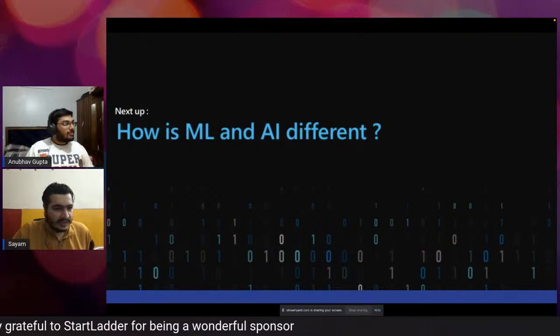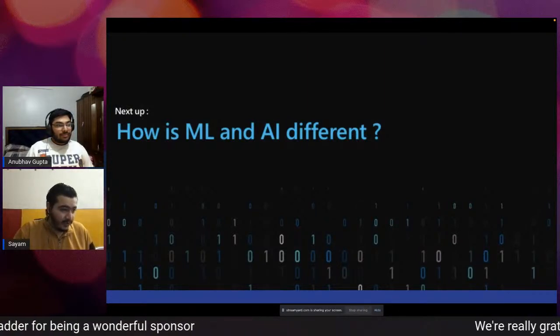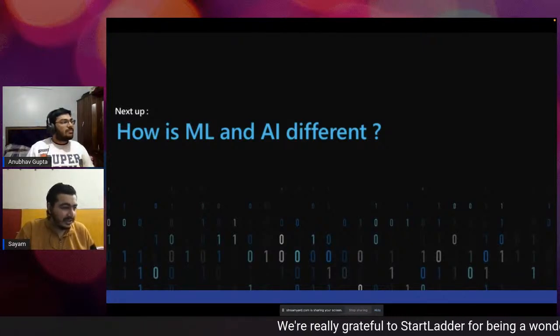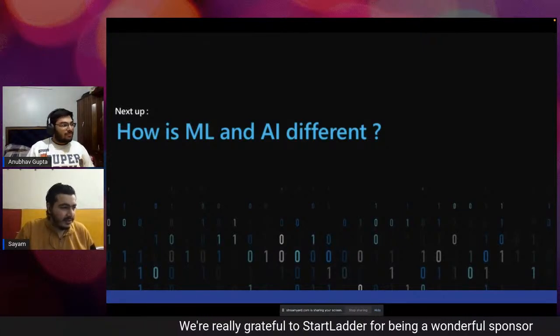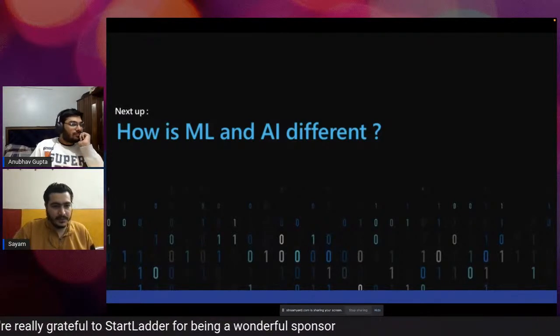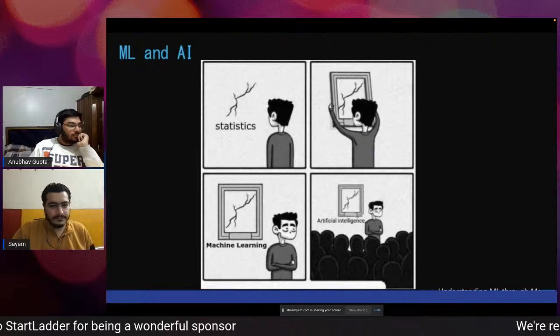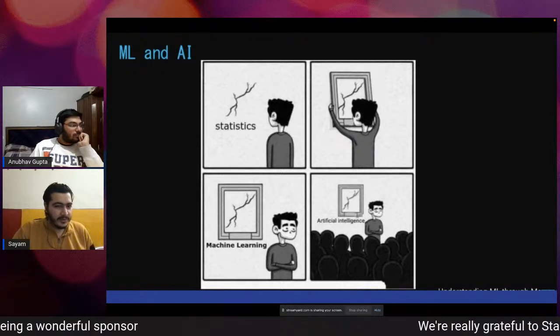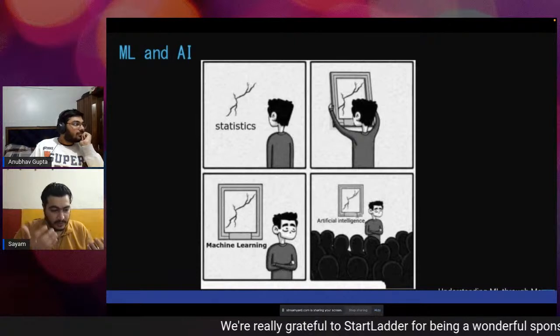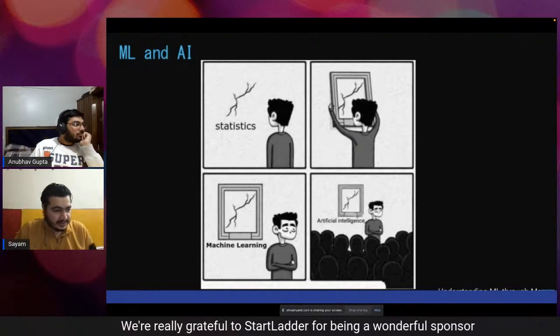Now we can ask the question. Whenever you see these terms, machine learning and AI, they come hand in hand. One thing you will be wondering about is what the difference between the two is. If you see any problem out there, one of the first things you want to tackle the problem with is stats.